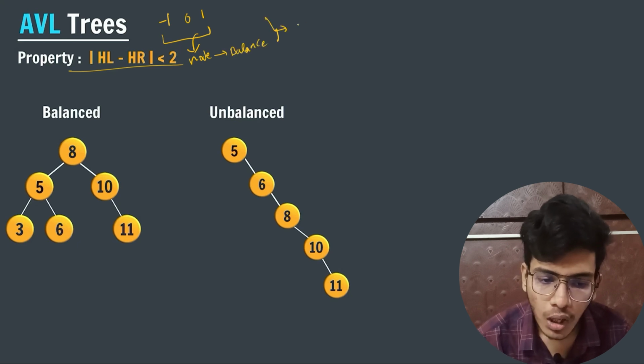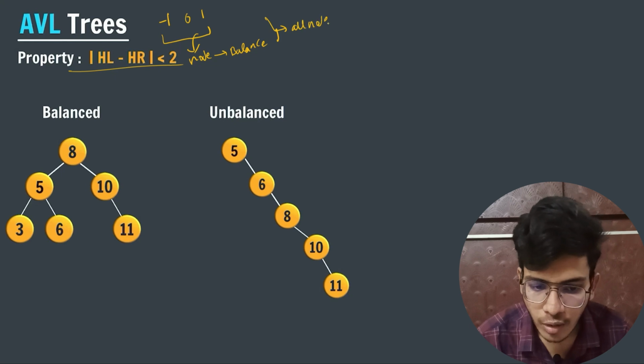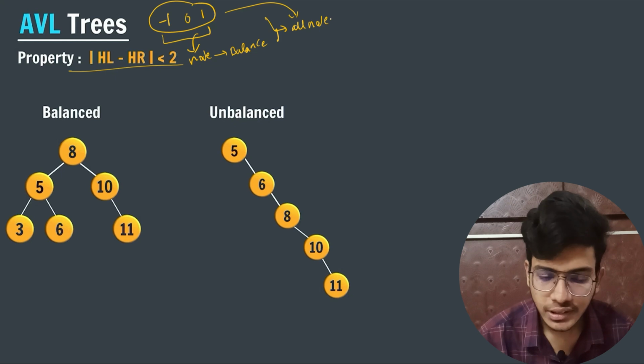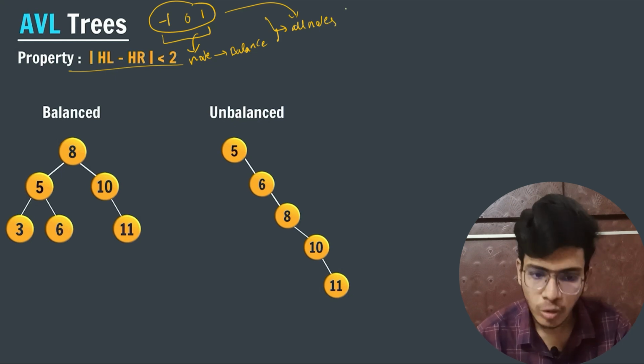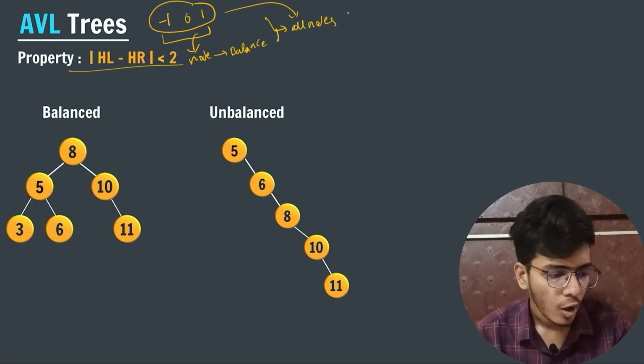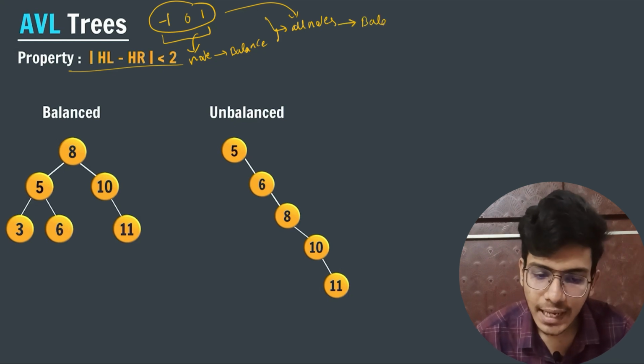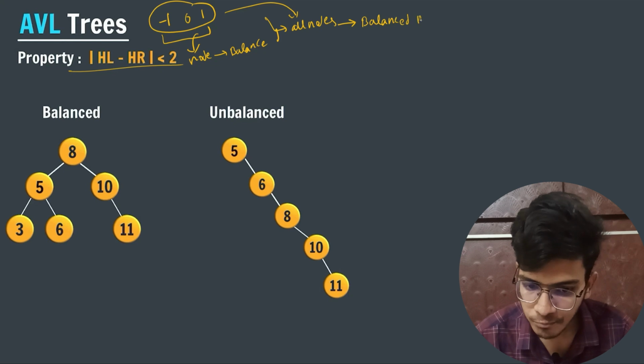And if all nodes in a BST have only these three values, either -1 or 0 or 1, then that BST is considered a balanced BST.